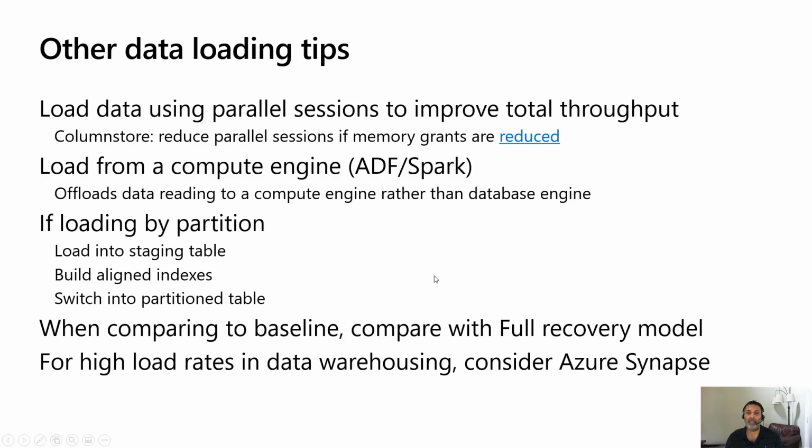There is a blog that explains that. Load from an external compute engine if possible, and partition large tables. It's not just about the load, it's about ongoing maintenance, archival, things of that nature when you partition. So load into a staging table, build aligned indexes, and switch into the partitioned table.